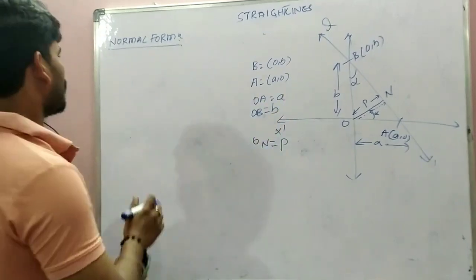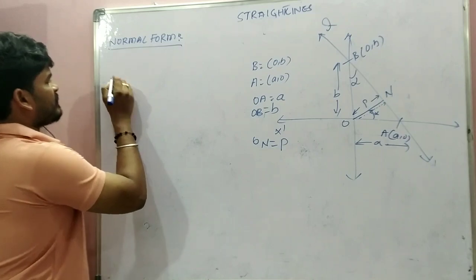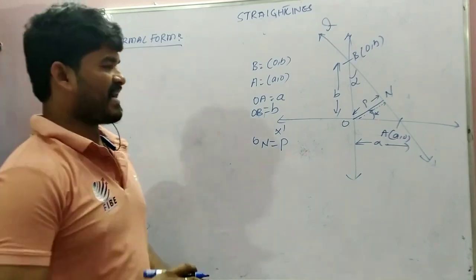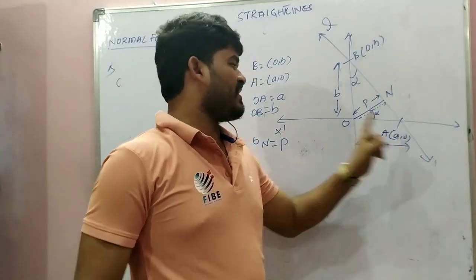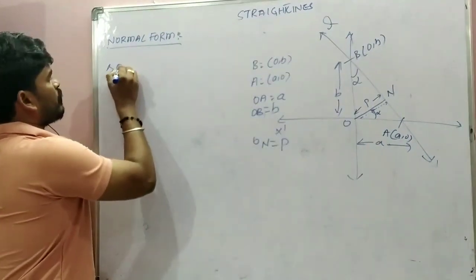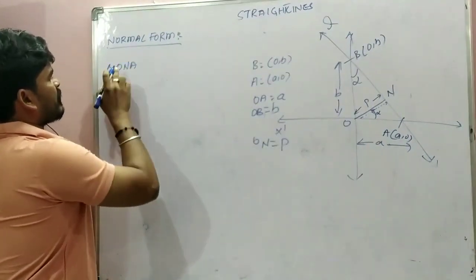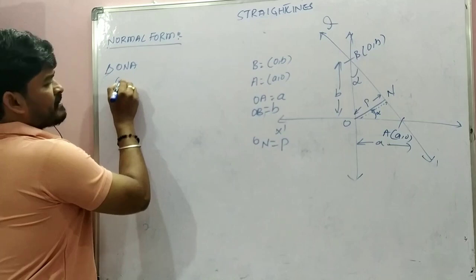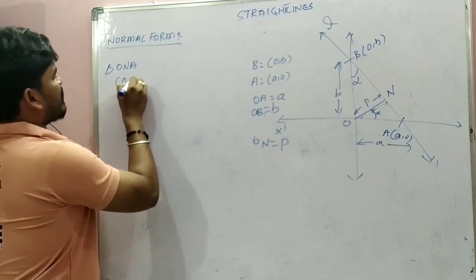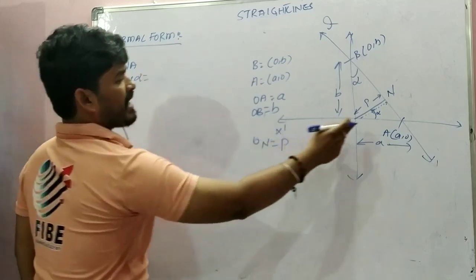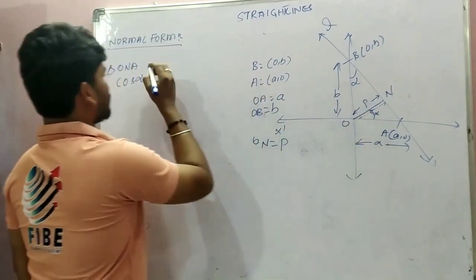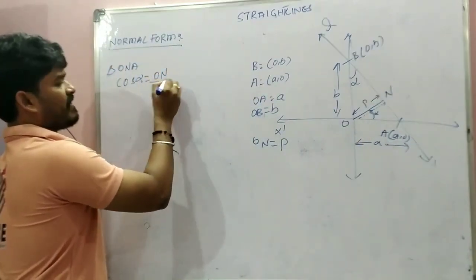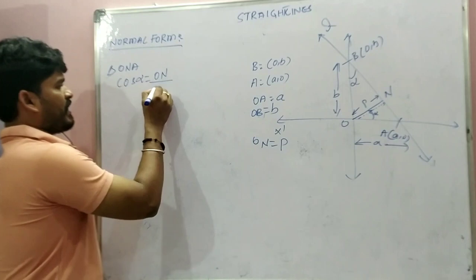From this diagram, we are going to apply the triangle. Here triangle ONA: cos alpha equals adjacent, which is ON, divided by hypotenuse OA.